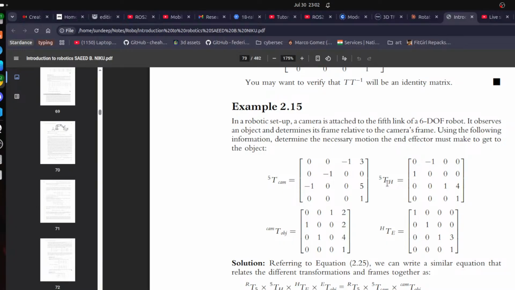At the end, we just need the transformation from the ground frame, right? H is the end effector, I assume, and this is the object.